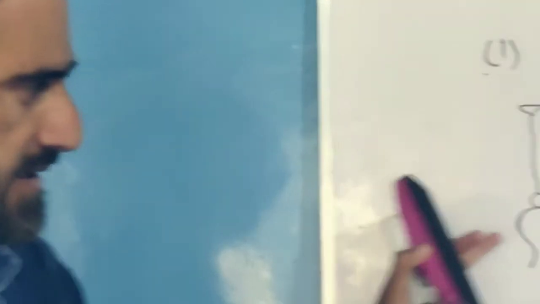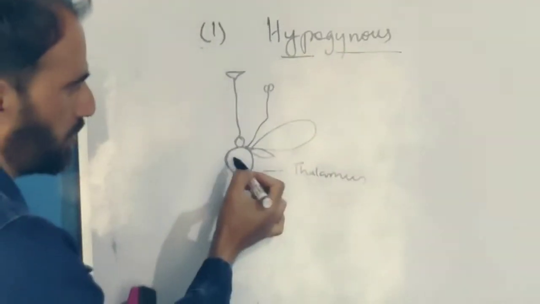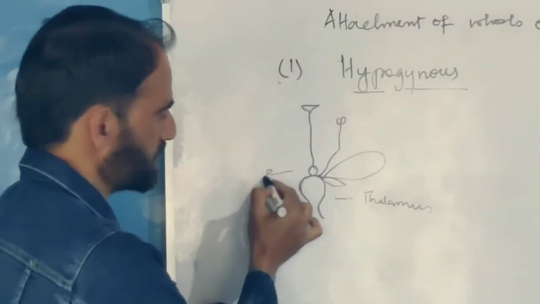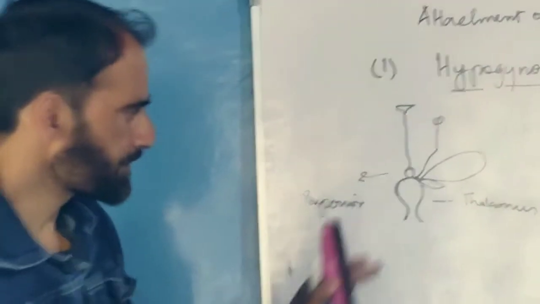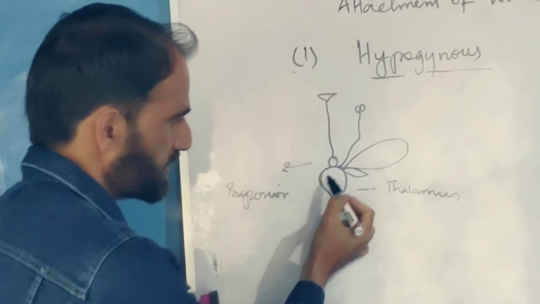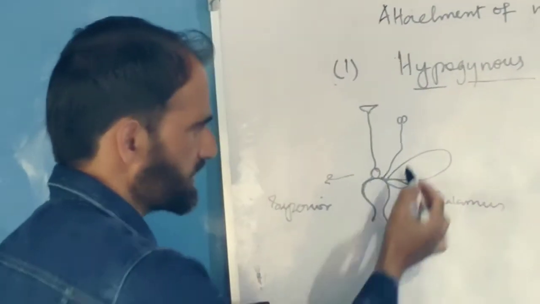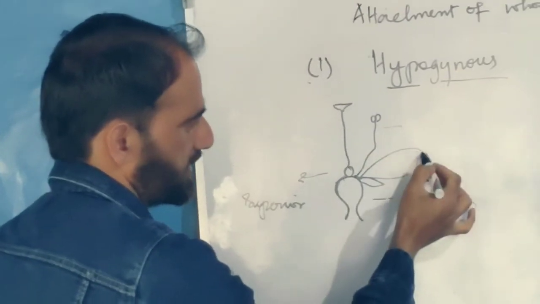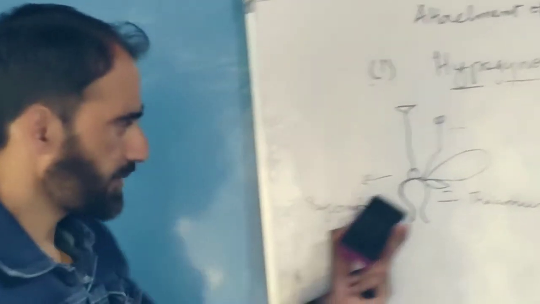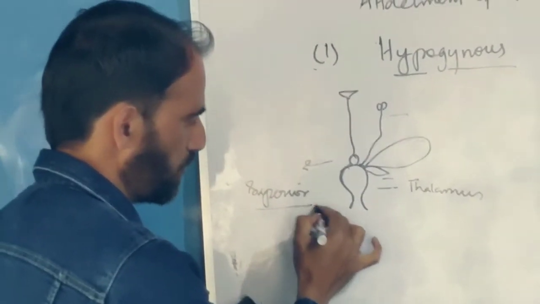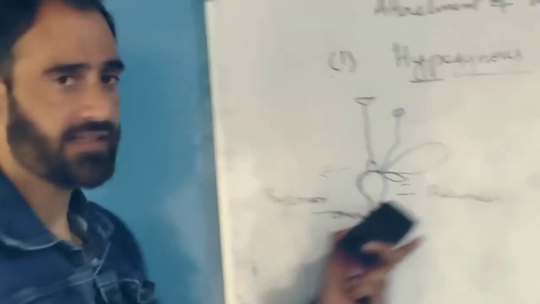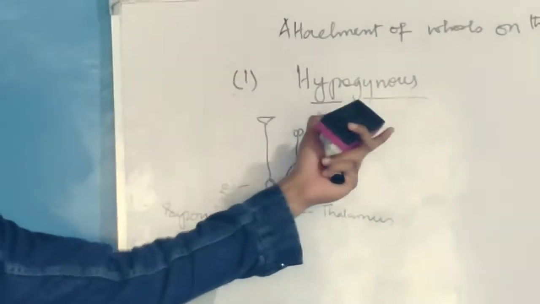So in this diagram you can find that this is the ovary. The ovary is superior here. Superior in the sense that it grows on the top of this thalamus, and the other whorls like anther, petal, and sepal are below the same ovary. This is called a superior ovary, and the condition of the flower is called hypogynous. Why?